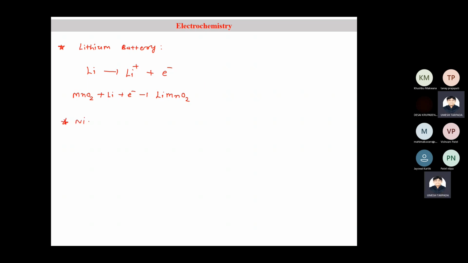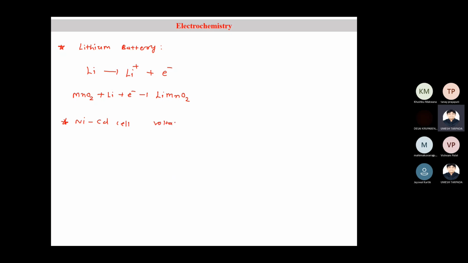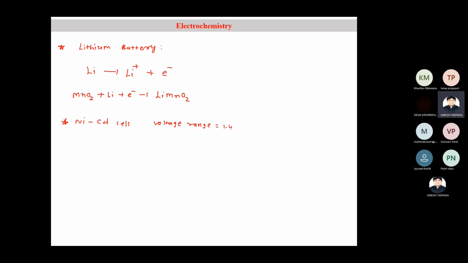Another button cell is the nickel cadmium cell. The nickel cadmium cell is a very important cell, with a voltage of 1.4 volt.